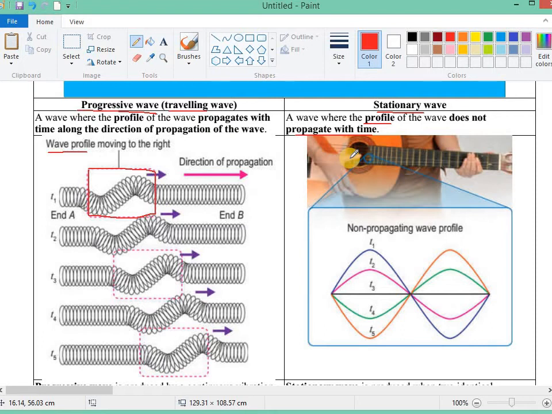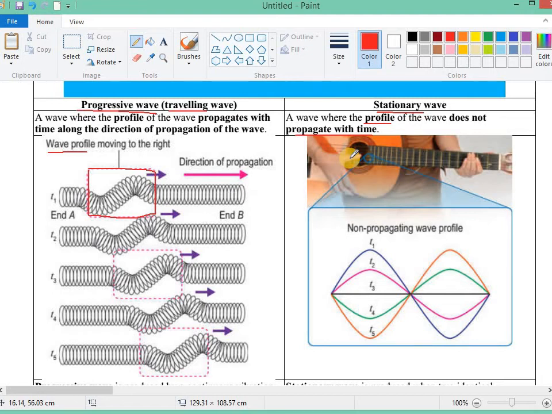See this? Is the wave profile moving or not? Not moving, right? The wave profile doesn't move. The wave profile only goes up and down. See, there's a fixed point at the center here. And this one only goes up and down, up and down. So this is also a stationary wave.